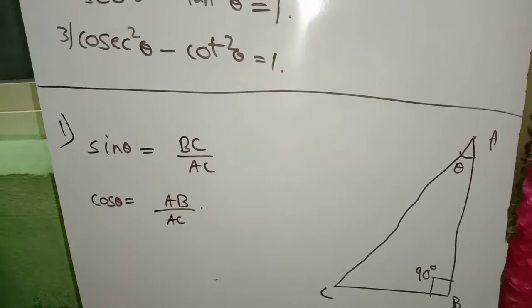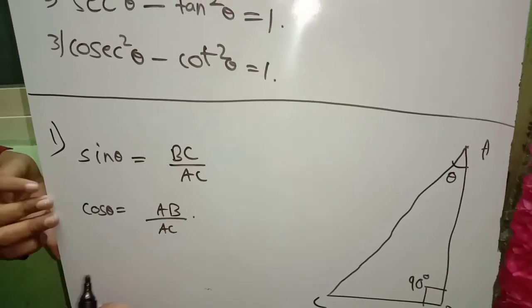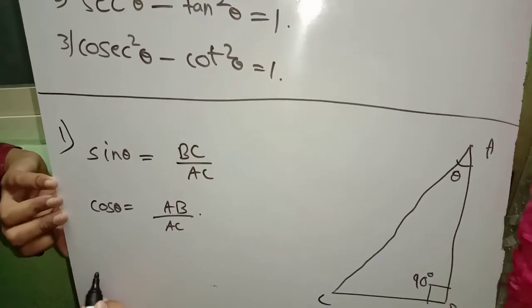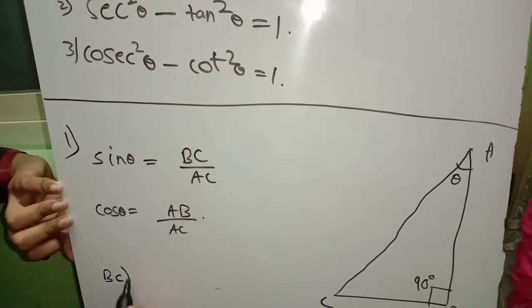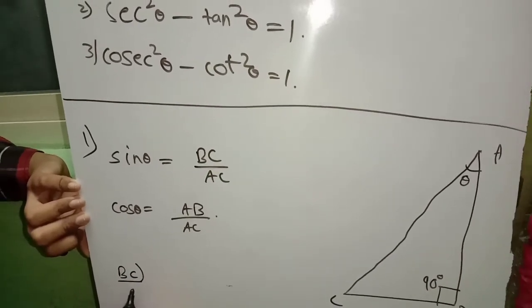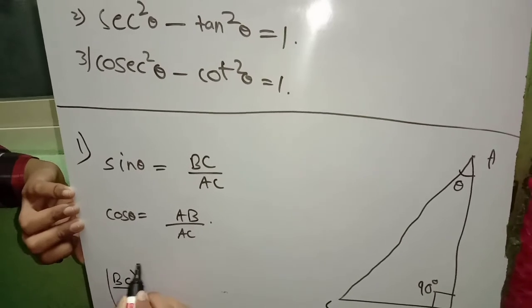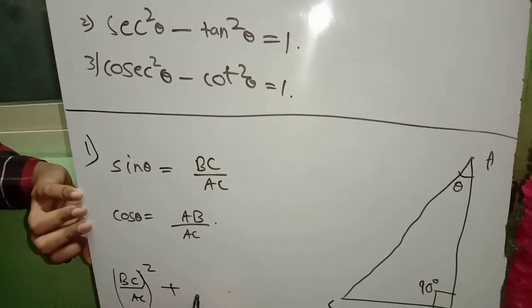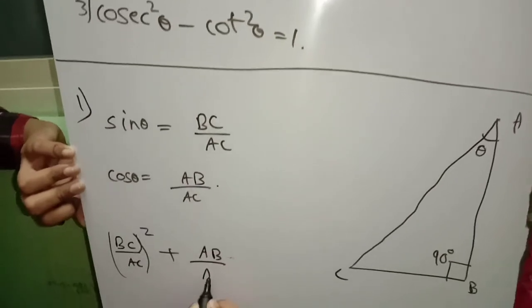So let's do the sum of these two squares. Sin square theta plus cos square theta is equal to BC by AC whole square plus AB by AC whole square.